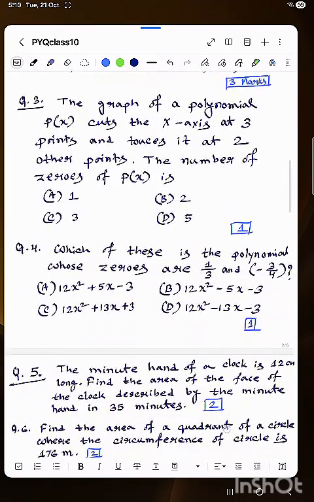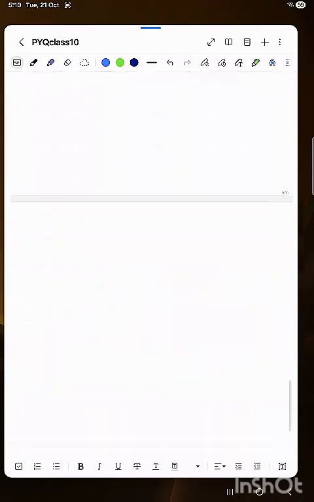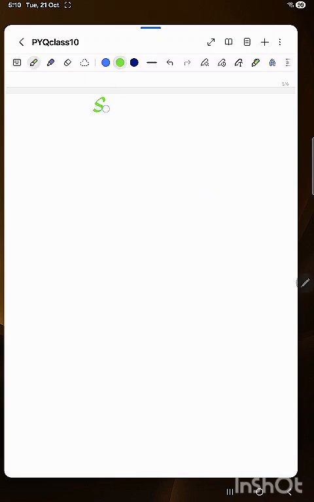So for this type of equation, first what we do, I am doing the solution here. First we write the polynomial 5 root 5 x square plus 30x plus 8 root 5.